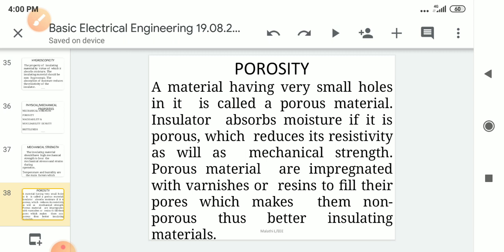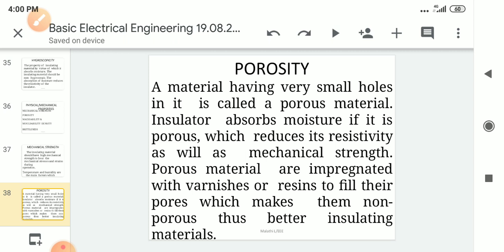So what is the important point here? To minimize this porosity, we have to paint the insulating material with some varnishes. Varnish means some paintings. Then the small gaps of those holes will be filled. If we leave those holes as they are, then what happens? It absorbs moisture from the atmosphere.